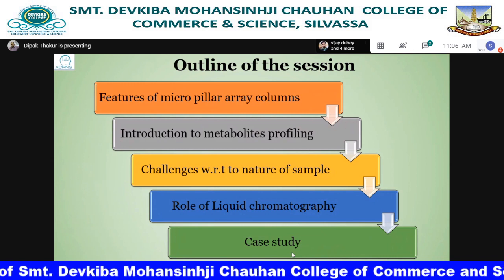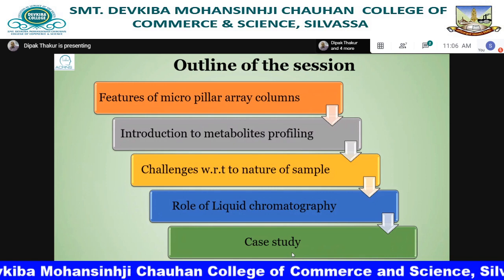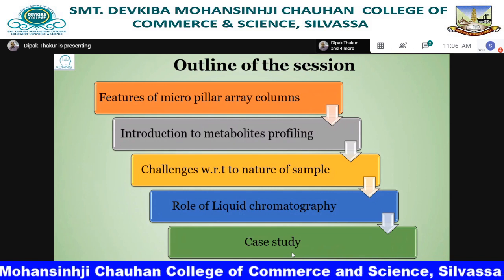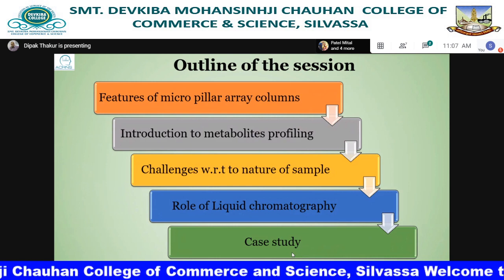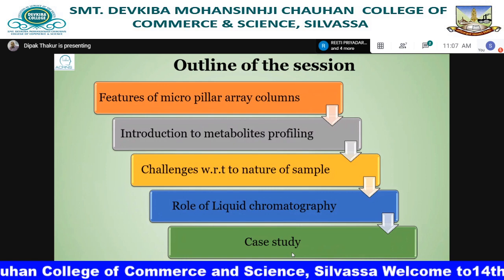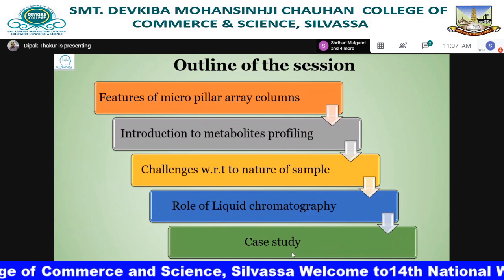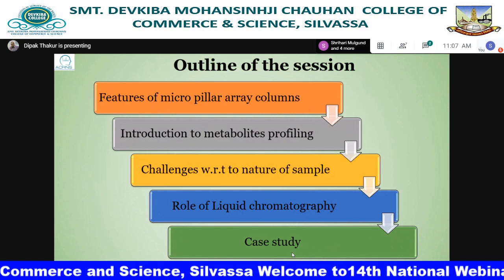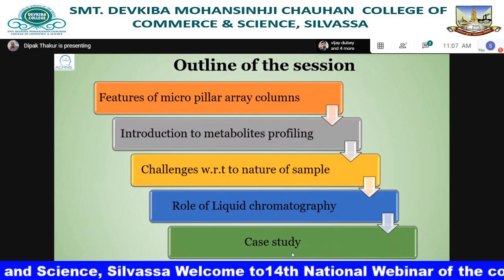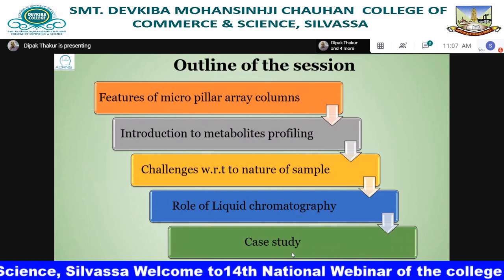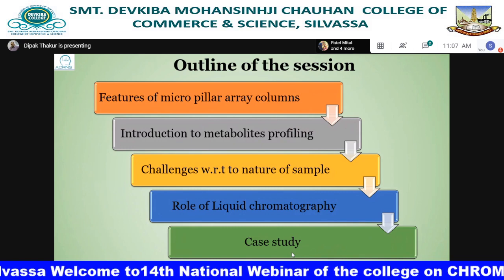And what are the features which help you identify low abundant metabolites, where the whole profile is complex, and how nano LC connected to mass spec helps us in deciphering the content of the metabolites. And we'll look at a case study, and during the case study we'll look at how the use of micropillar array column helps in identifying relatively more number of features in metabolite profile.